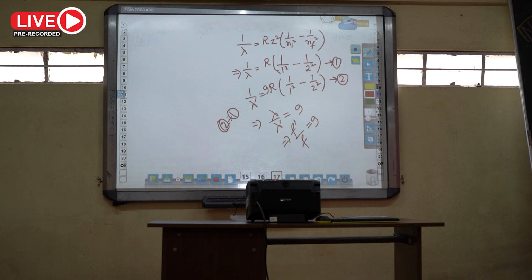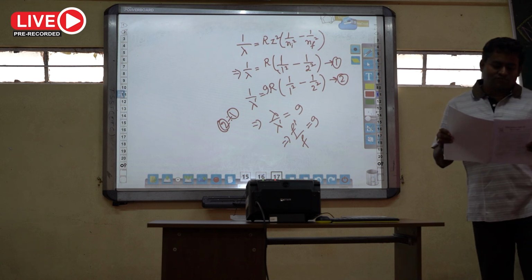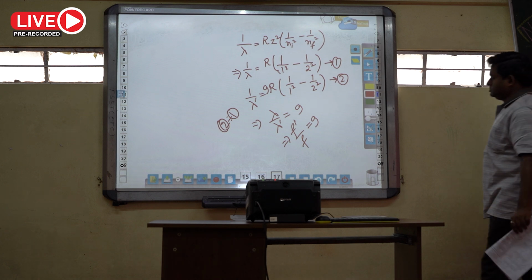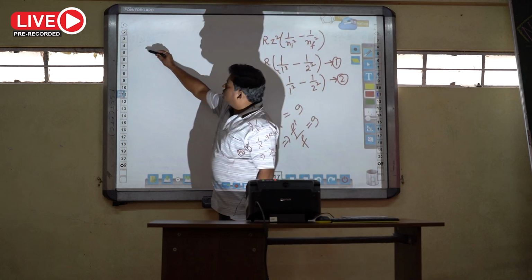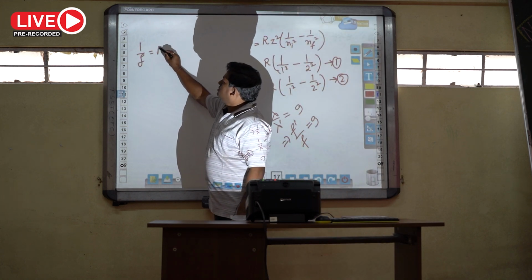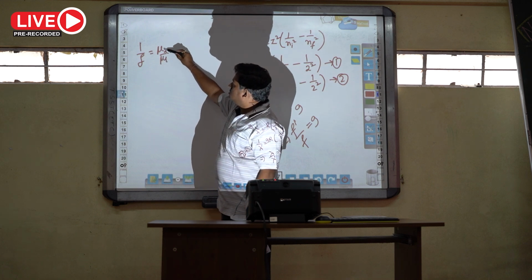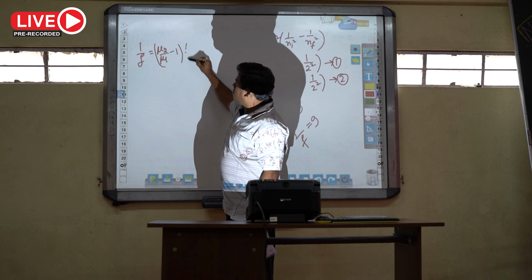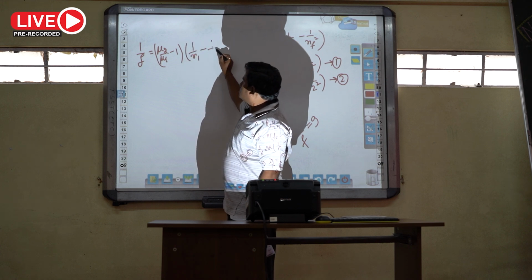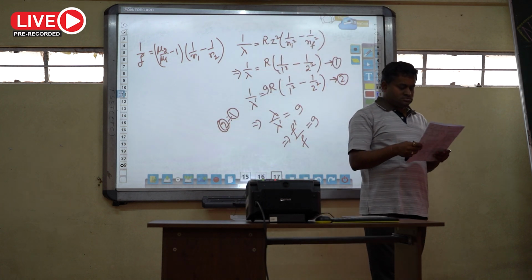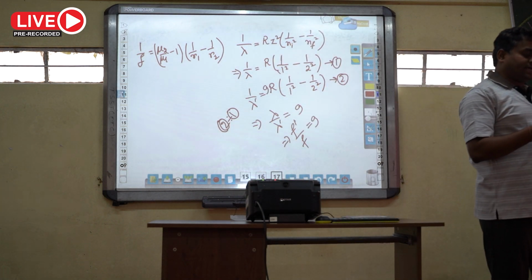Question number 22. A straightforward application of Lens Maker formula. Just calculate from this. 1 by f equal to mu 2 by mu 1 minus 1 into 1 by r1 minus 1 by r2. Biconvex.